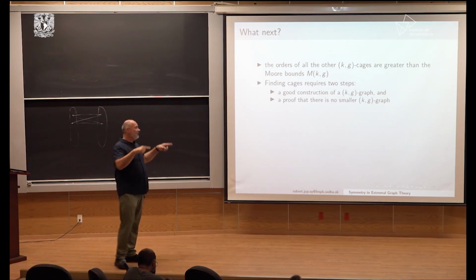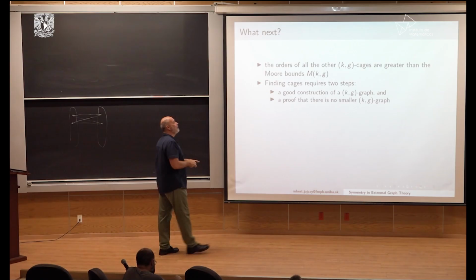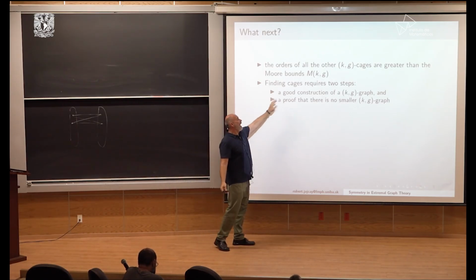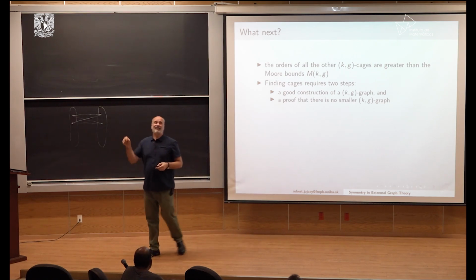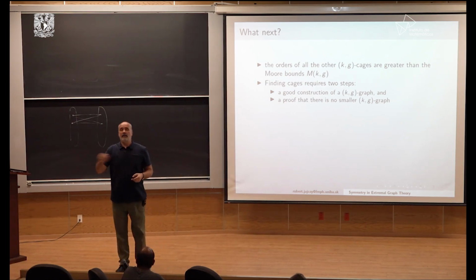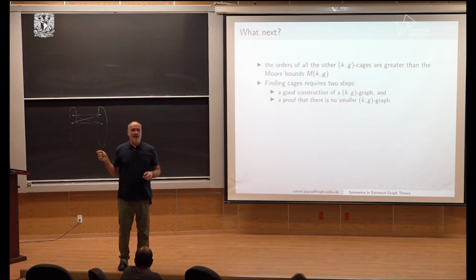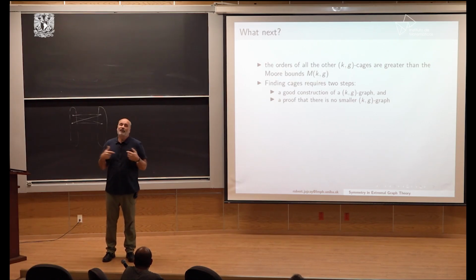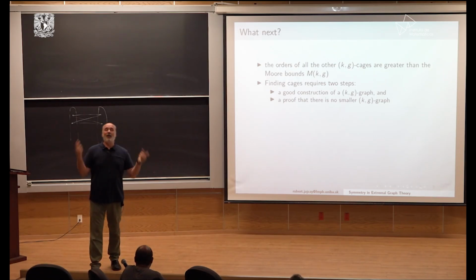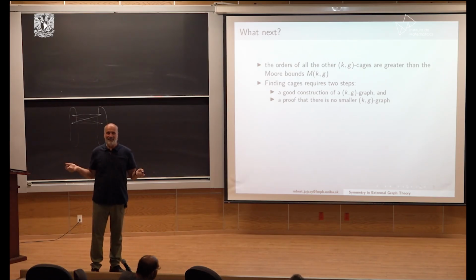So at this point, in this area, most people are simply happy if they find a nice construction that's smaller than anybody else's, okay? Which is, people say you shouldn't do mathematics as a competition, yeah? Well, sorry. That's how I do it. I want to have a smallest graph for given parameters, okay?